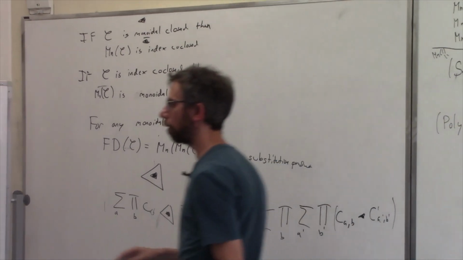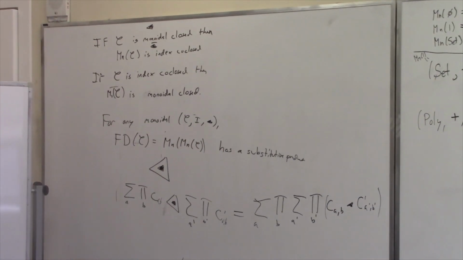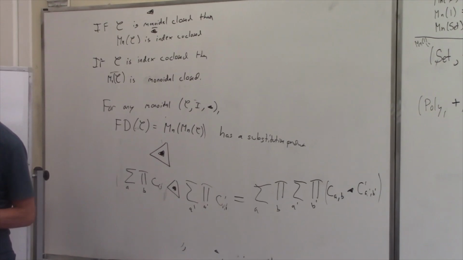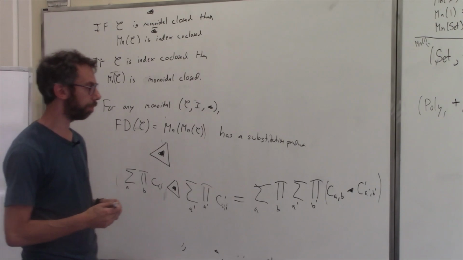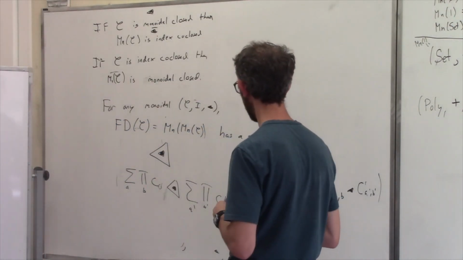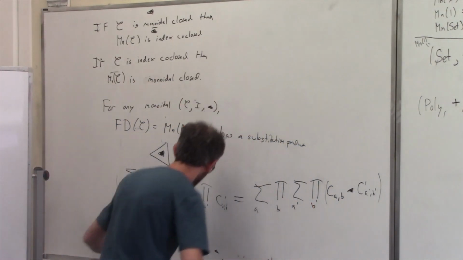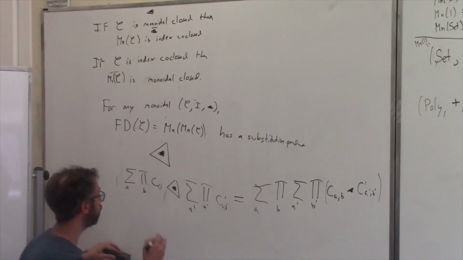And so we found all of these in poly. We've also found them all in dial. We found two of them in dial, one for and, one for or. And this is a monoidal product.